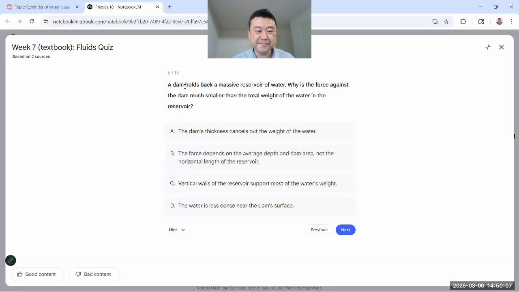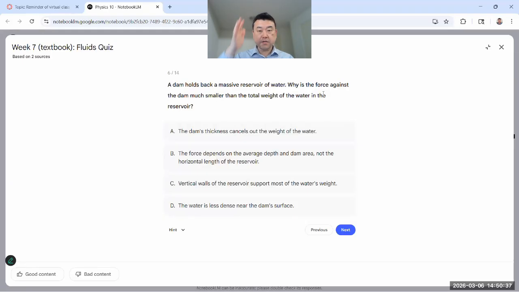Yeah. A dam holds back a massive reservoir of water. What is the force against the dam? Much smaller than the total weight. It's not much smaller. I think it's, well, I guess, yeah, it is much smaller. The total weight of the water is basically what you calculate as rho gh times the bottom surface of the reservoir.